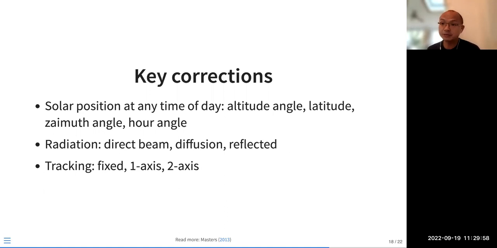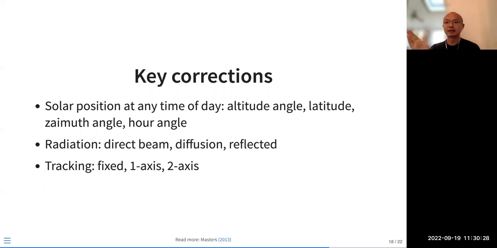Tracking also improves the radiation we receive from the solar. Some systems are fixed, like a fixed rooftop. No matter which season, it's fixed on the roof, right? But in commercial utility scale solar projects, very often there is a tracking system, with one axis or two axis tracking.